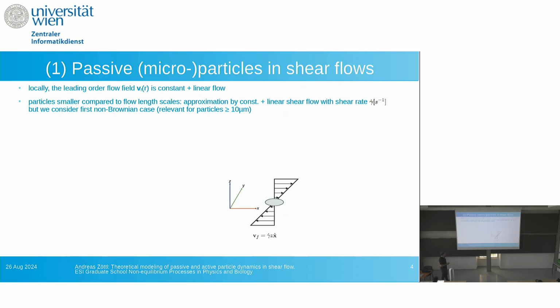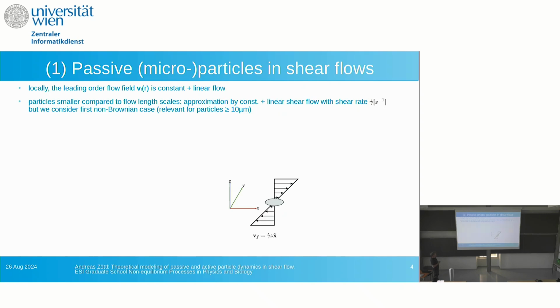What is also important to note is that this shear rate has dimension of inverse time. This you can easily see when you do the dimensional analysis, and this gives a certain time scale to a system, which is then also related to actually the rotation time scale of particles.